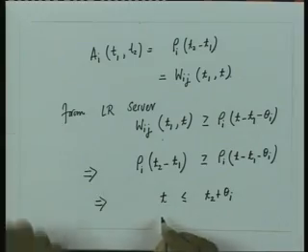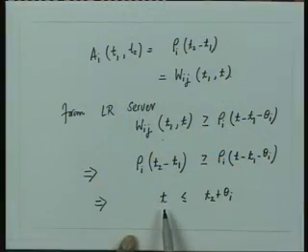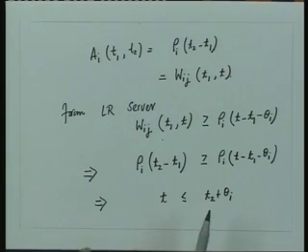What is T? T is the time at which the last packet completes its service. So what we are saying is that the time at which the last packet completes its service is less than or equal to T2 plus theta I. T2 is the time at which this particular busy period ends, and theta I is the latency of the server.